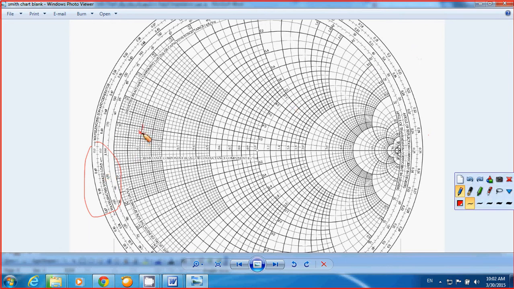For example, if you have your input impedance at this point here, you need to rotate in the counterclockwise direction, then you find the final point and read it out to be your ZL equal to R plus jX.